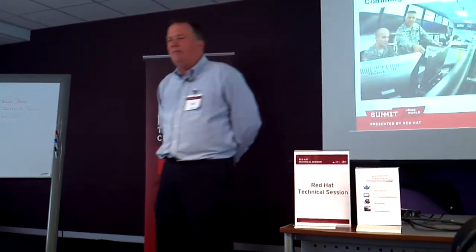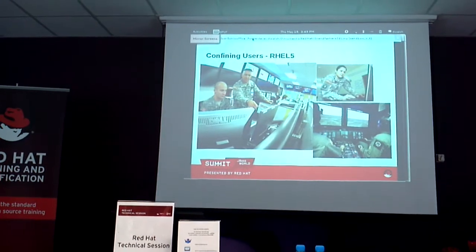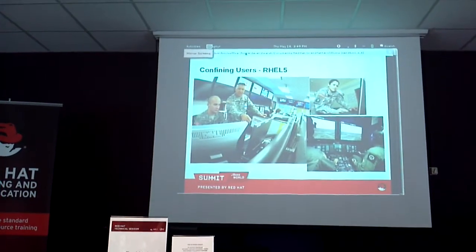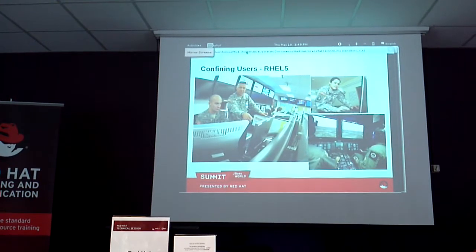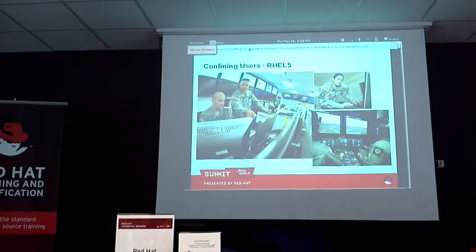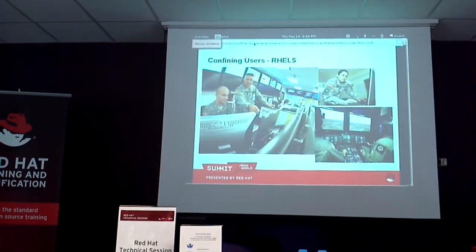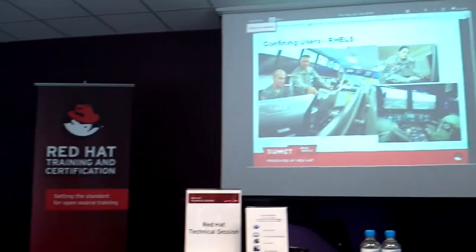In RHEL 5, we actually had a separate policy, the MLS policy, and another policy called strict policy. And some people thought strict policy was more strict than targeted policy. But the main difference between targeted policy and strict policy in RHEL 5 was whether or not we had confined users. And pretty much everything in system space is exactly the same.